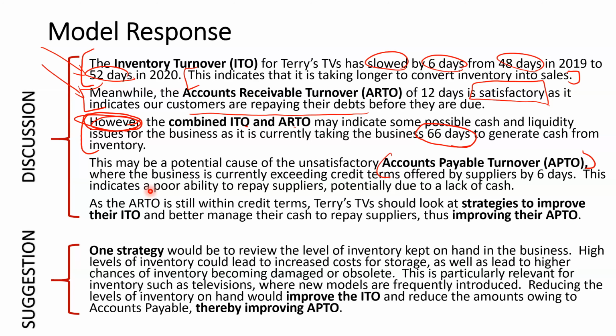And you can see I'm actually talking about televisions in particular. And I'm talking about this idea that the risk of obsolescence is quite high with technology. Reducing the level of inventory on hand would improve the ITO, and I know that from the formula. And it would reduce the amount that I owe to the accounts payable, which would also improve the APTO. So I'm making a suggestion that I'm using all that data to help me.